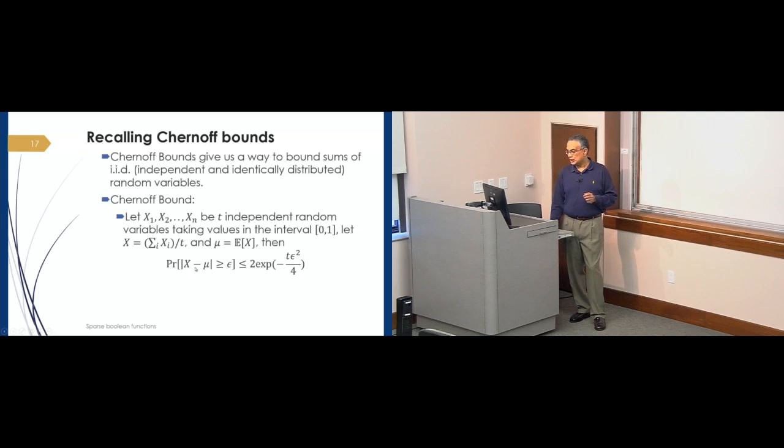Then the bound says that the probability that the distance between x and mu is bigger than epsilon is less than or equal to this form. And that was something that we already stated. So now we're going to sketch out to you in the next 5 to 10 minutes a way of applying this bound to be able to determine how many examples we need in order to be able to satisfy both epsilon and the quality criteria delta.